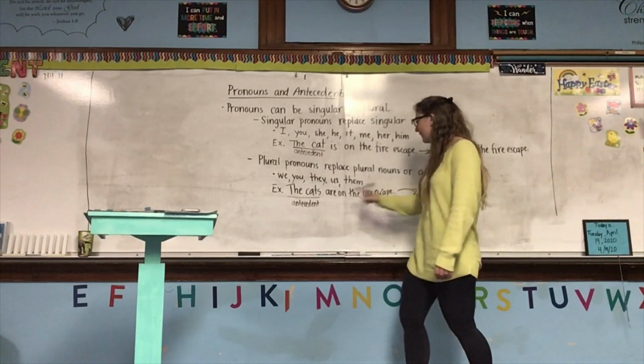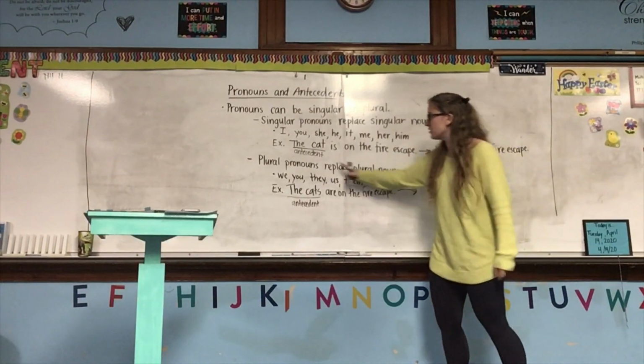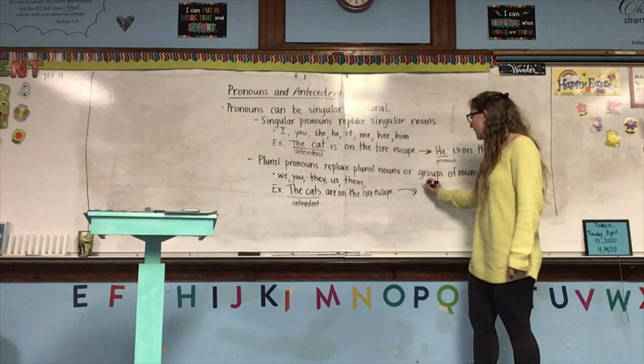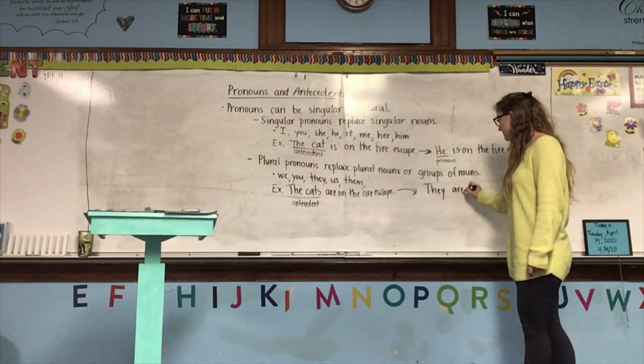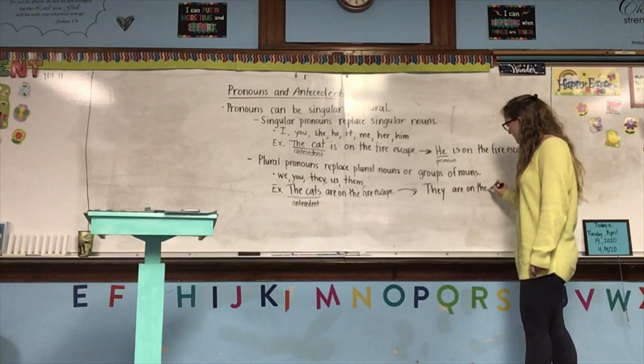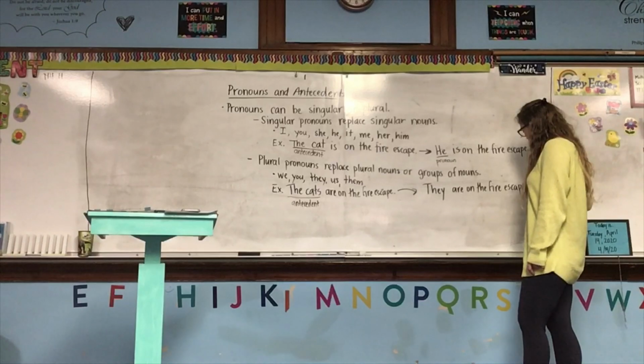Well, the cats is plural, it's referring to more than one cat, so that means I have to use one of these plural pronouns. They are on the fire escape.